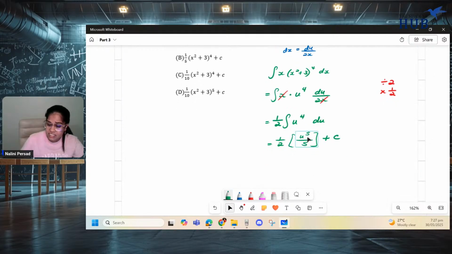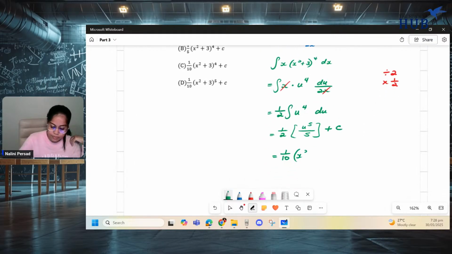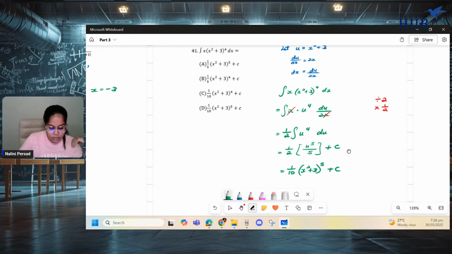Do I ever leave my answer like this, in terms of u? Absolutely not. I put it back. So 2 times 5 is 10. u was x squared plus 3, to the power of 5. So 1/10 into x squared plus 3 to the power of 5 plus c.